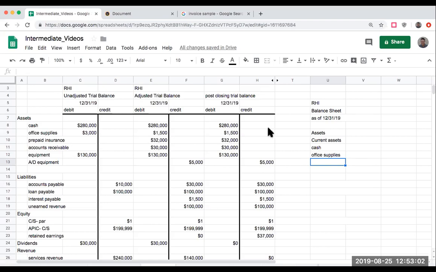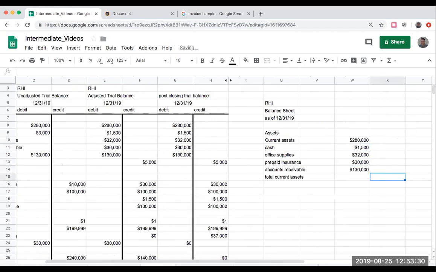So the technically correct way would be to bifurcate it between current and non-current. However, because the amount is not very material, what I'm going to go ahead and do is just include it as a current asset. Also over here, I'm going to have my accounts receivable. This is going to give me my total current assets. And so when I list these out over here, generally the assets should be shown in their order of liquidity.